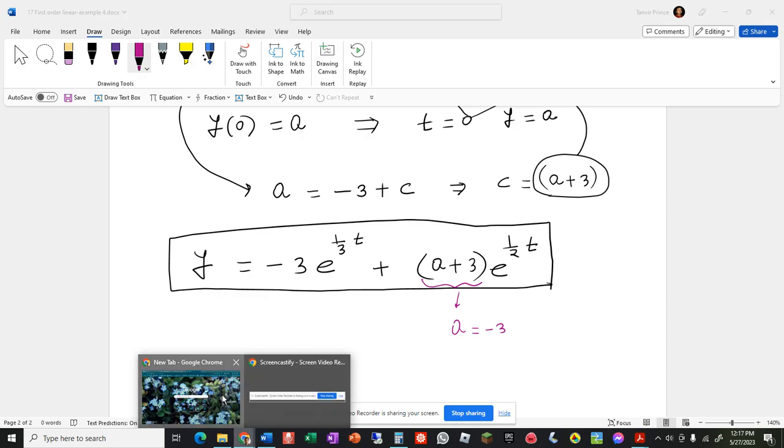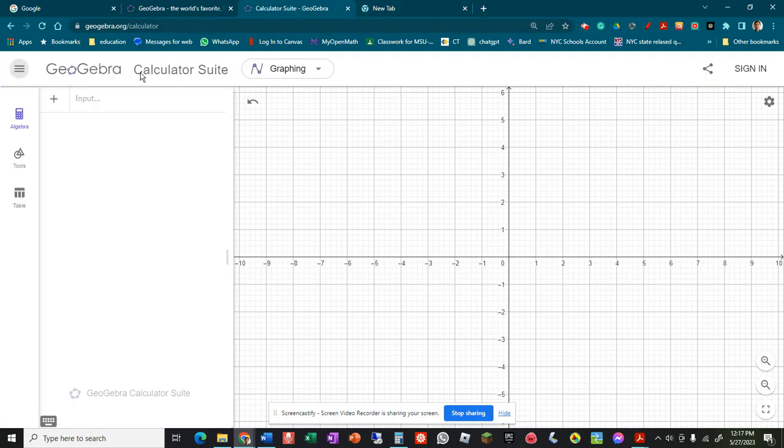So I'm going to open my GeoGebra. I'm going to use a slider for a. So I write a and enter. If I do that, I can actually slide here on the panel, but it's okay.